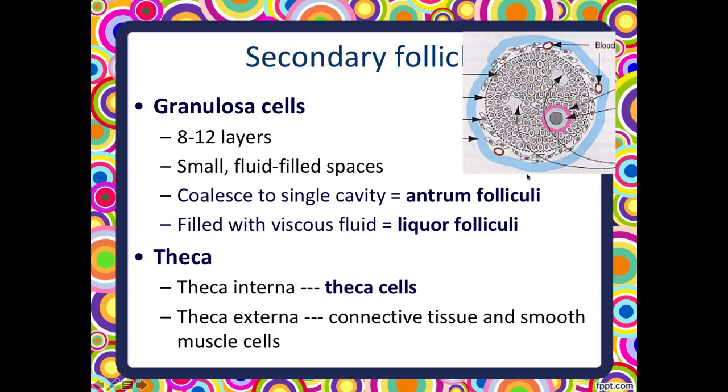You can see that the stroma surrounding the follicle is now differentiated into the theca interna, which is the internal layer of theca folliculi, made by theca cells. Those cells are the typical androgen-producing cells, and theca externa, which is more external, is composed of connective tissue and smooth muscle cells, highly vascularized connective tissue.